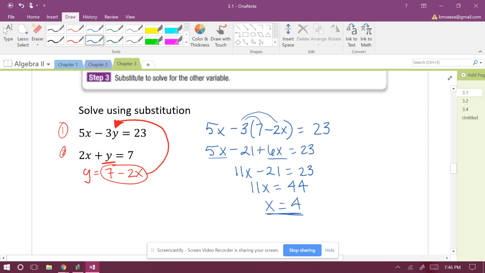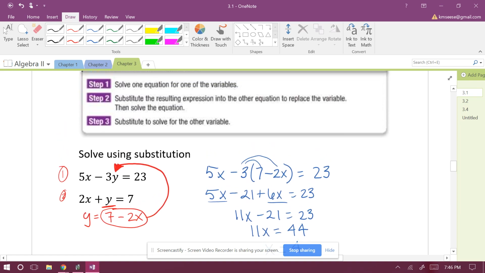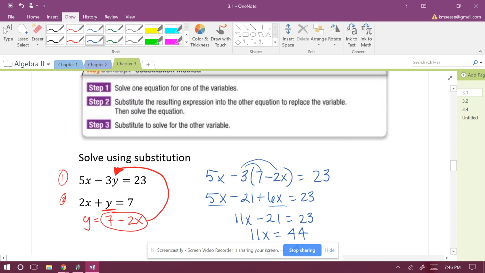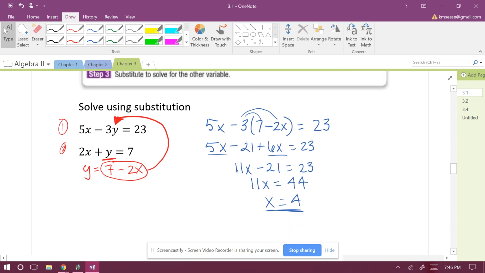So that's my x. So the last step, step 3, substitute to solve for the other variable. So now I have what x equals. I can use either equation to find my y. I'm going to go back to this here, because I already have y, and I know x is 4.